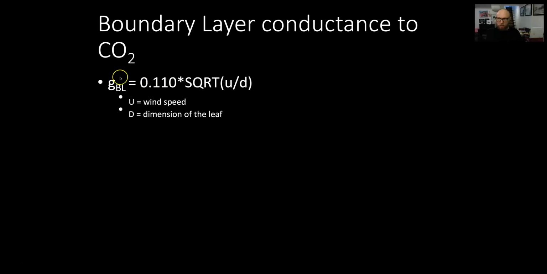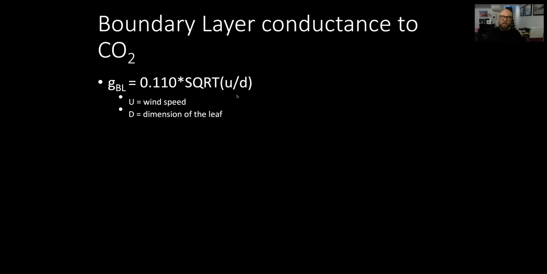The conductance of a leaf is estimated by this equation with these two variables, U over D. U stands for wind speed, and D is the dimension of the leaf, which is really leaf size.